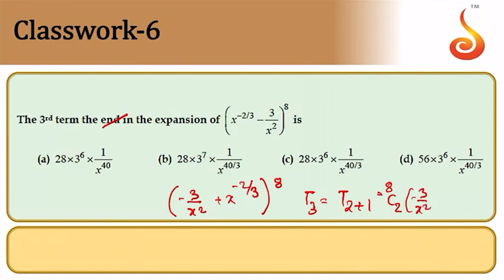Third term, not end, the third term in this expansion. So the third term will be T3, which is equal to T(2 plus 1). So T(2 plus 1) is nothing but 8C2 (minus 3 by x square) to the power 8 minus 2 into (x to the power minus 2 by 3) whole to the power 2.